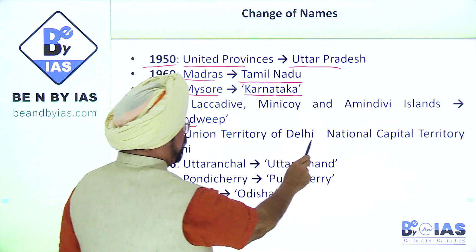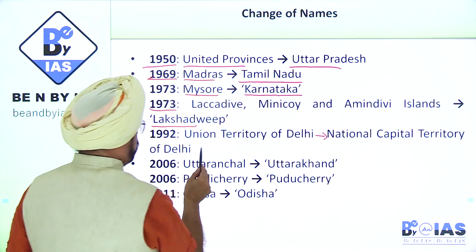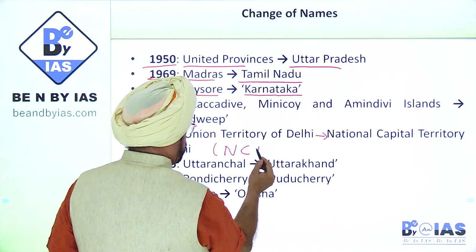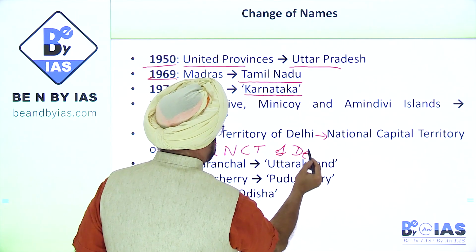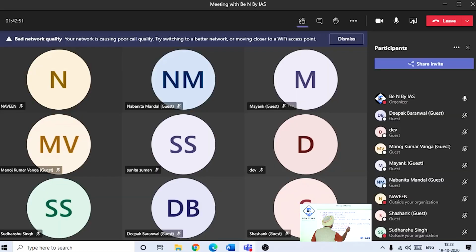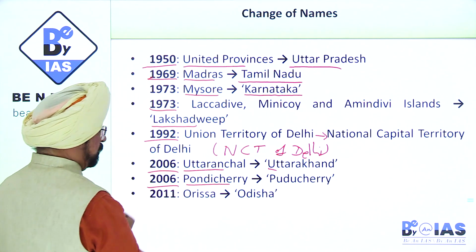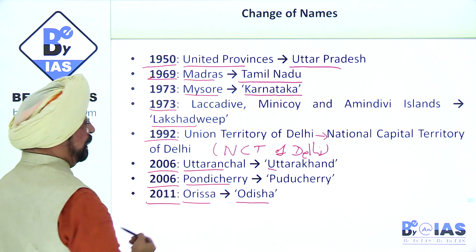The UT of Delhi was named as National Capital Territory of Delhi. It is called NCT, NCT of Delhi. In 1992, Uttaranchal to Uttarakhand; 2006, Pondicherry to Puducherry; 2006, Orissa to Odisha in 2011.